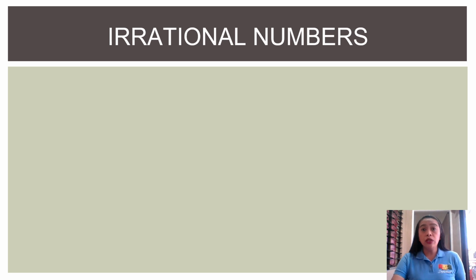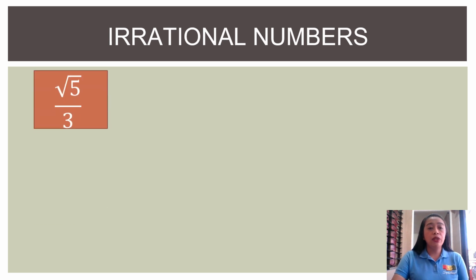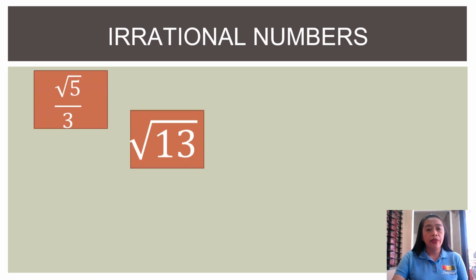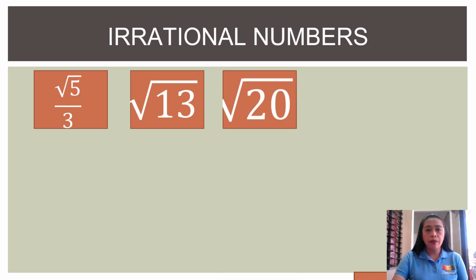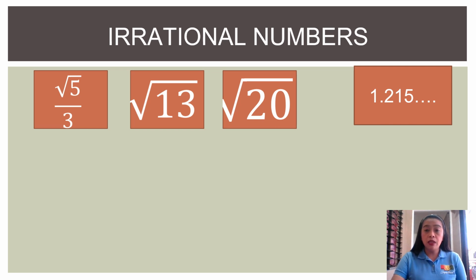What are the irrational numbers on your list? We have the square root of 5 over 3, square root of 13, square root of 20, and 1.215, with a dot, which means it is infinite, unlike the one a while ago that is a repeating number.